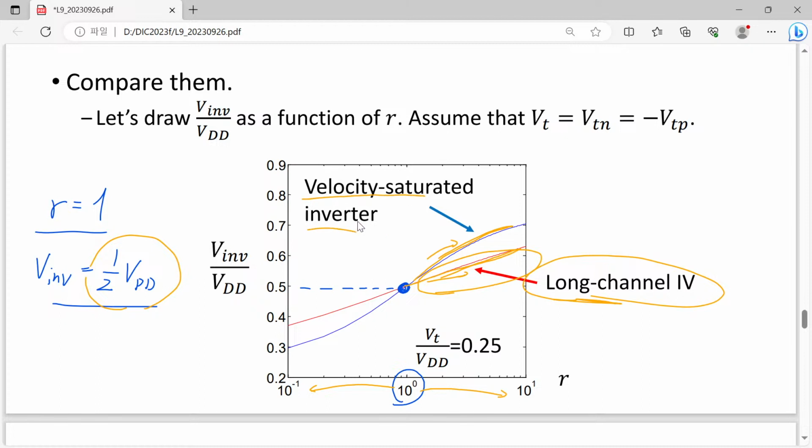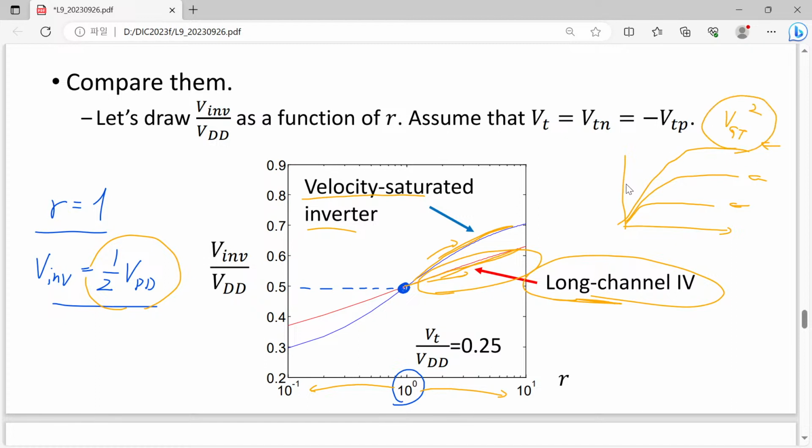It is because in our long channel case, the saturation level, do you remember this one, was proportional to the square.